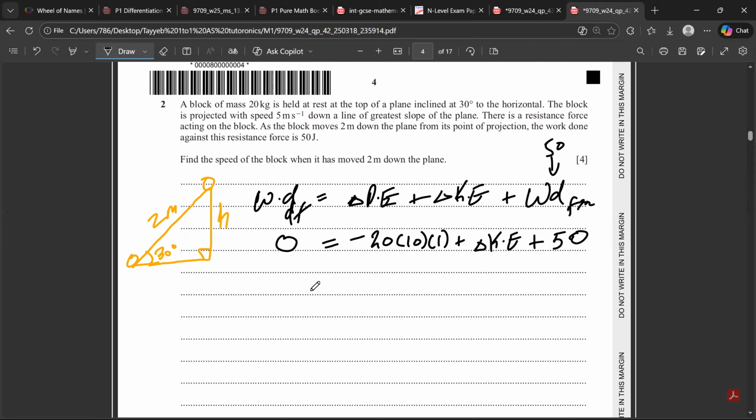So now we will find KE. It's 150. And then you can do 150 is equal to half m (v square minus u square). u is 5, 5 square. You can find v from here. Please try.